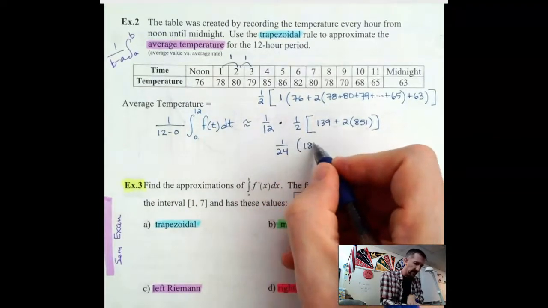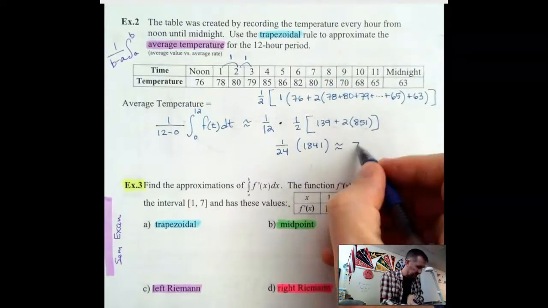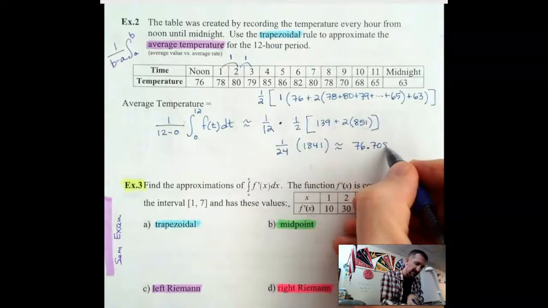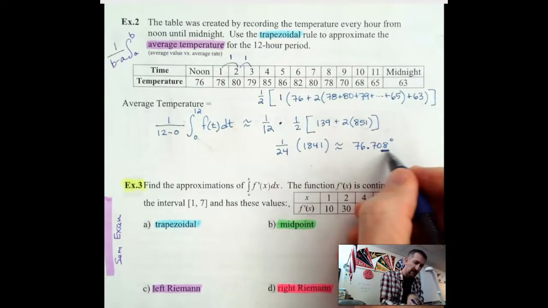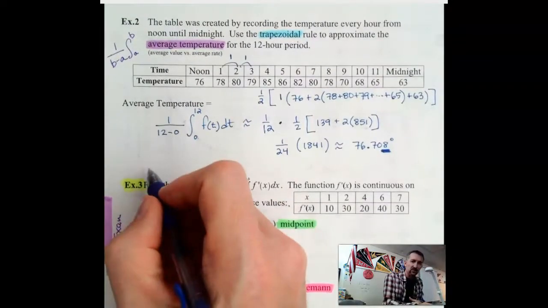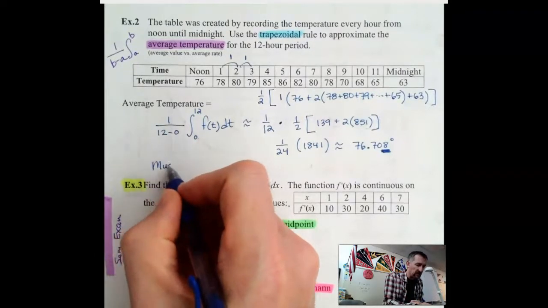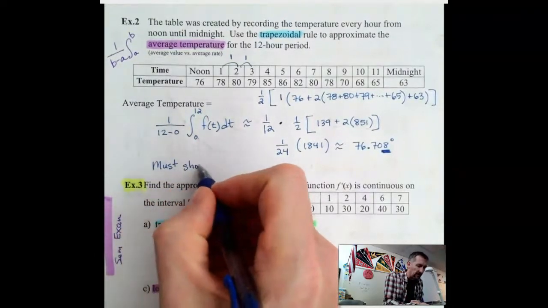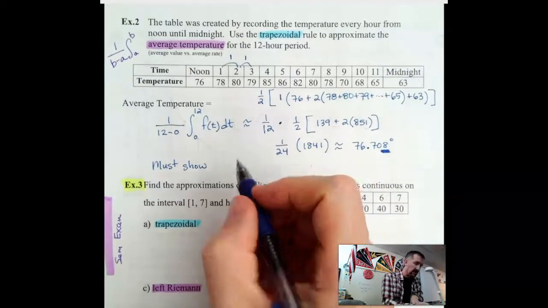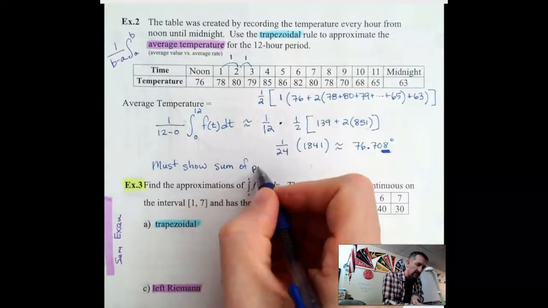And if we add that up, that's 1841. And that turns out to be approximately 76.708. You must go to the thousandths place. Now for these Riemann sums and for the trapezoids, you must show a sum of products.